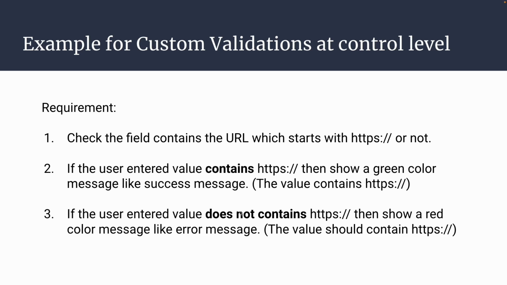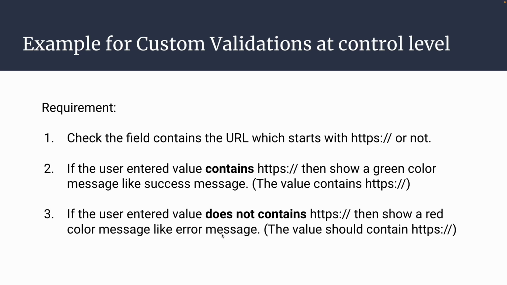If it is starting with the URL prefix, then I want to show a success message. If it is not matching, then I want to show an error message in red color. This is our target. I want to check whether whatever we are entering contains https:// or not.